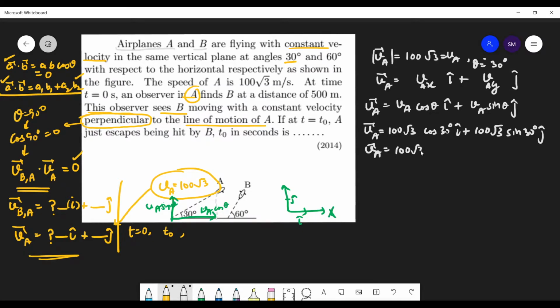What is cos 30? Root 3 by 2. Plus 100 root 3 into sin 30, which is 1 by 2, j cap.